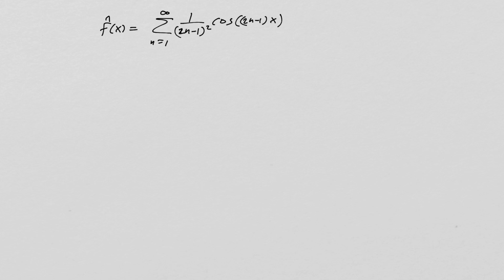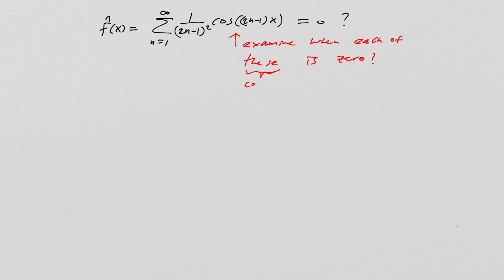All right, so we want to know when is this 0? Well, one thing we can do is examine when each of these, by which I mean the cosine functions, is 0.